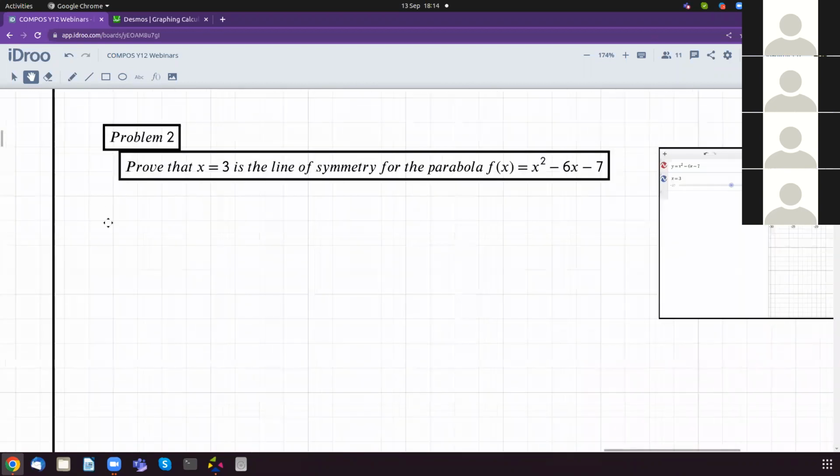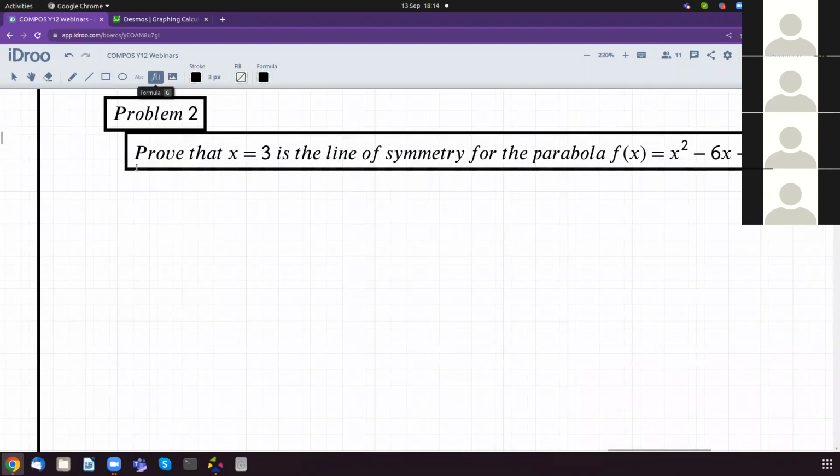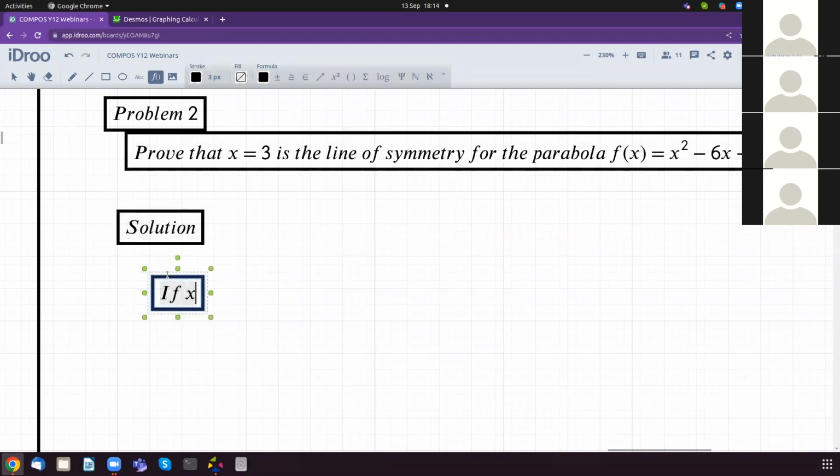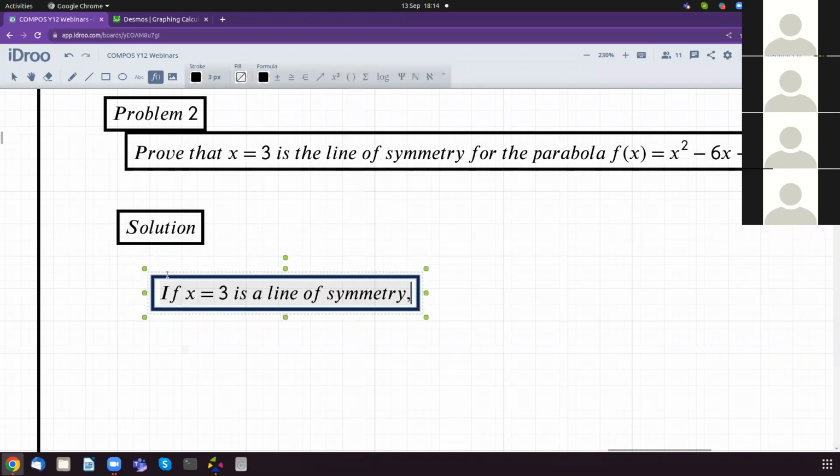So if x equals 3 is a line of symmetry, f of 3 plus x has to equal f of 3 minus x.